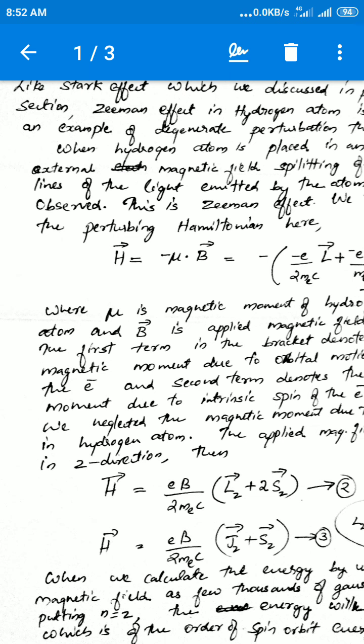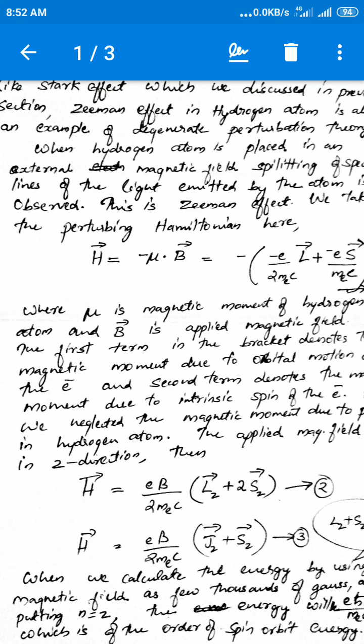Here we are considering time independent perturbation theory in the degenerate case by applying the perturbing Hamiltonian as equation number 3.